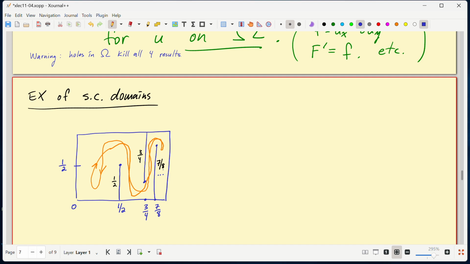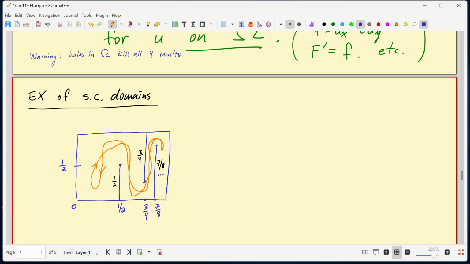How would I make a homotopy of that down to a point, if you think of it as a rubber band? Suck it in like a piece of spaghetti, exactly. You know exactly how to do that.